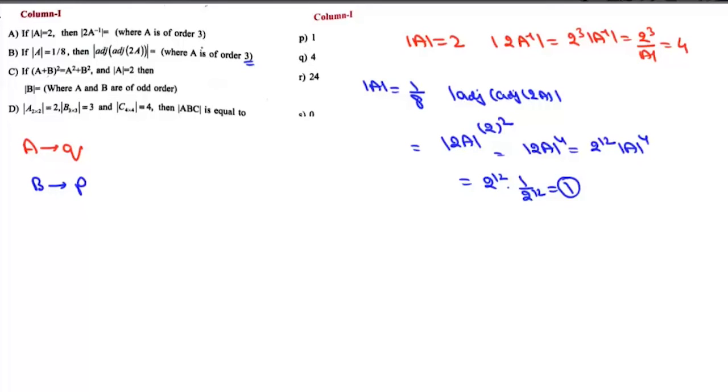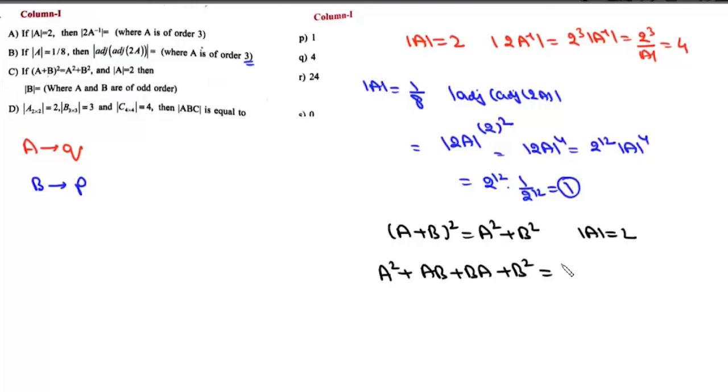Now this third one is, if (A plus B) square equals A square plus B square and determinant of A is 2, then what is determinant of B, if A and B are of odd order? Now we can write this as A square plus AB plus BA plus B square equals A square plus B square. Now A square plus B square will cancel, so from here we can write AB equals minus BA.